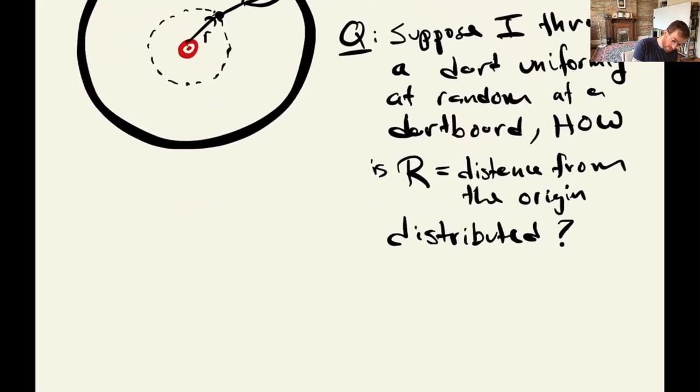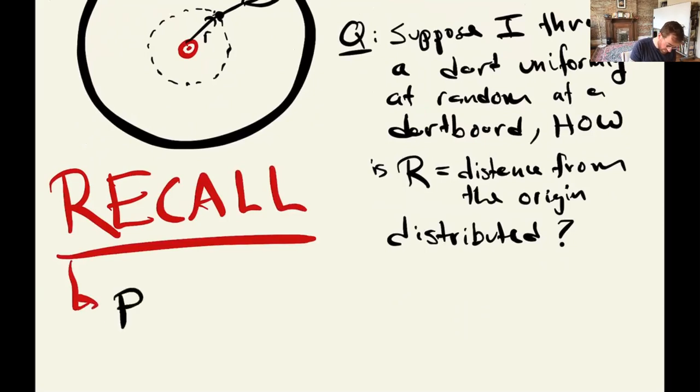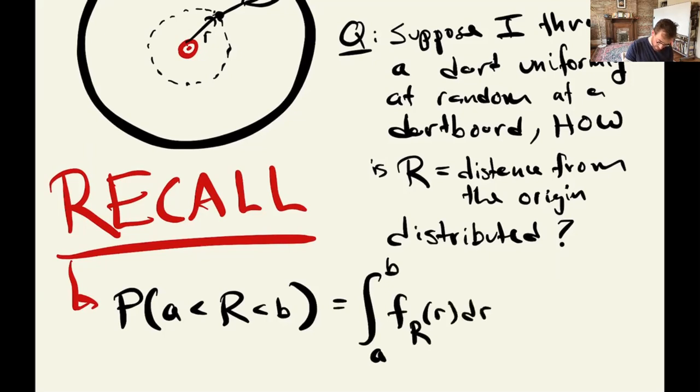All right, so here we're going to recall that the whole point of a continuous random variable is to be able to find the probability that R lands in some region between A and B by evaluating some integral of f(r) dr, for example.